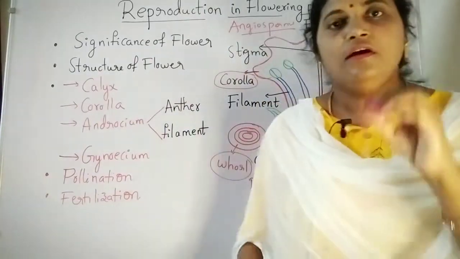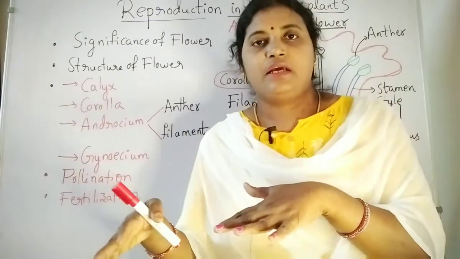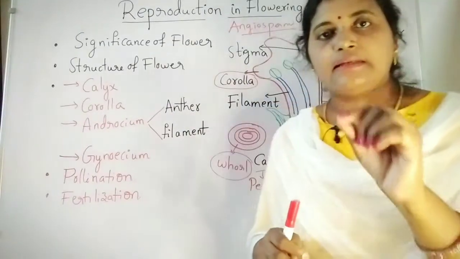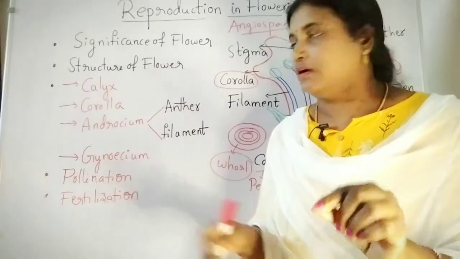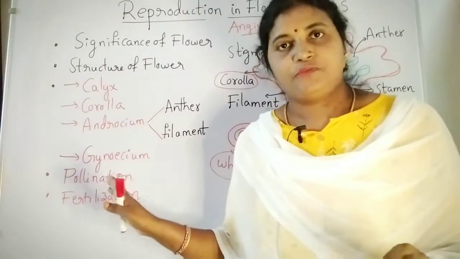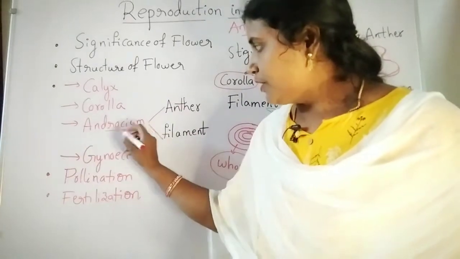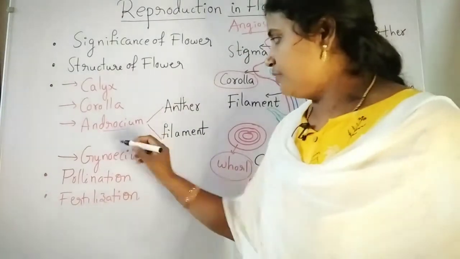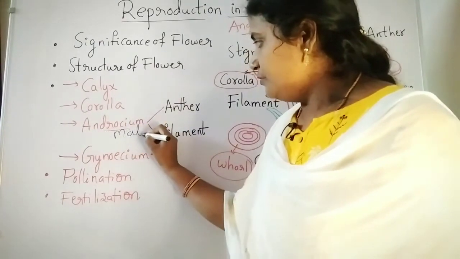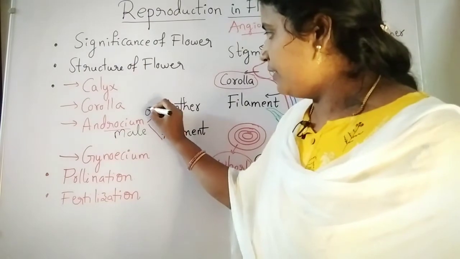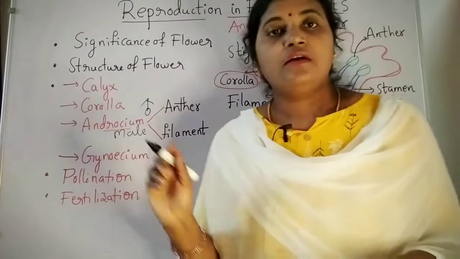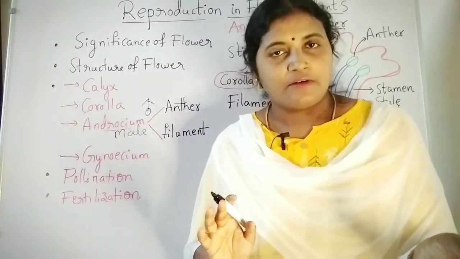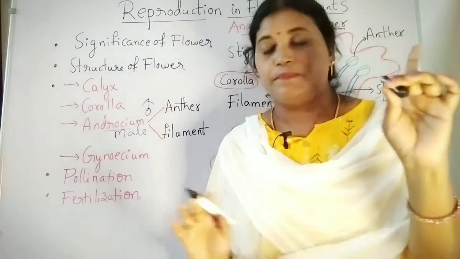These very important cells are needed for sexual reproduction, and they are produced in the androecium and gynoecium. Androecium means the male reproductive part of the flower. So write this point: the male reproductive part of the flower is known as androecium.